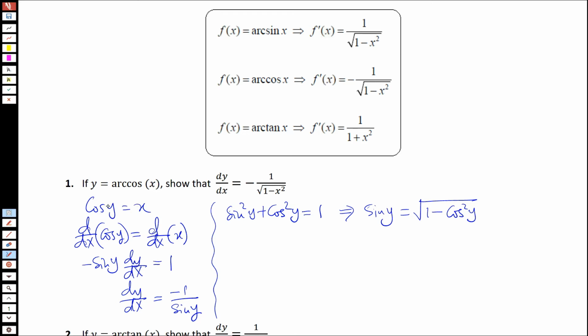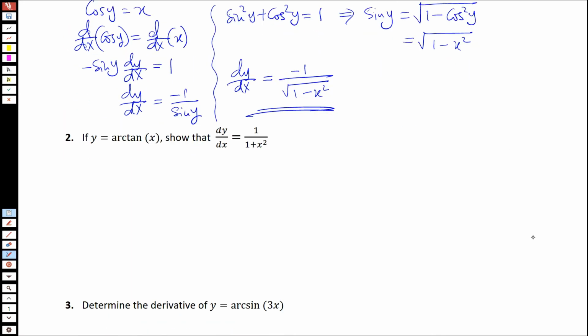We know that cos y is equal to x, so sine y will be equal to the square root of 1 minus x squared. If we plug this result into the derivative, we'll have dy over dx equal to negative 1 over the square root of 1 minus x squared, in place of sine y. And that's the result that you have here.